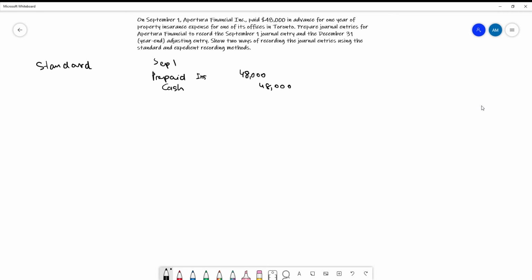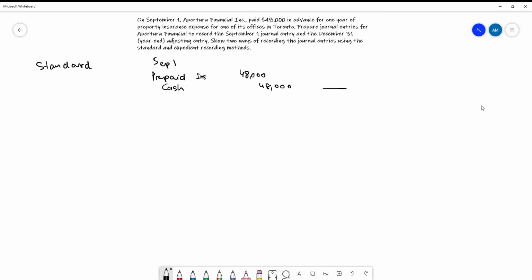But you'll realize that by December 31st, the company will not have used all of its prepaid insurance, which is $48,000, right? It will only use a portion of this expense because the total amount of $48,000 was paid for 1 year, and from September 1st to December 31st there's only 4 months.